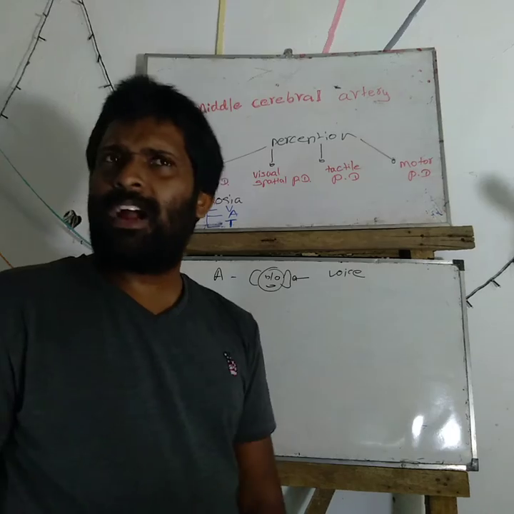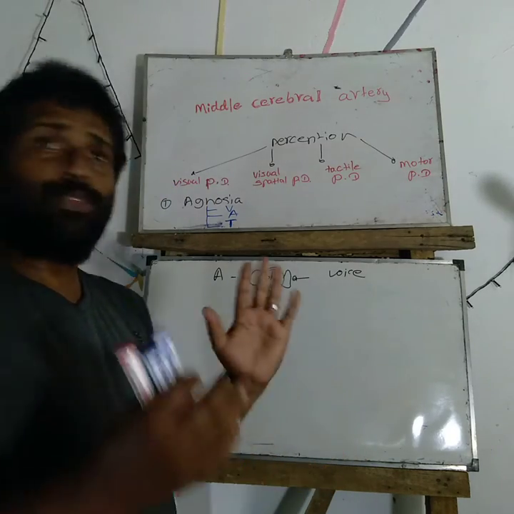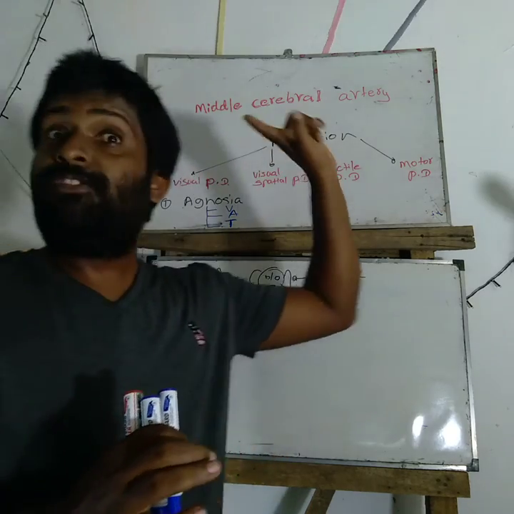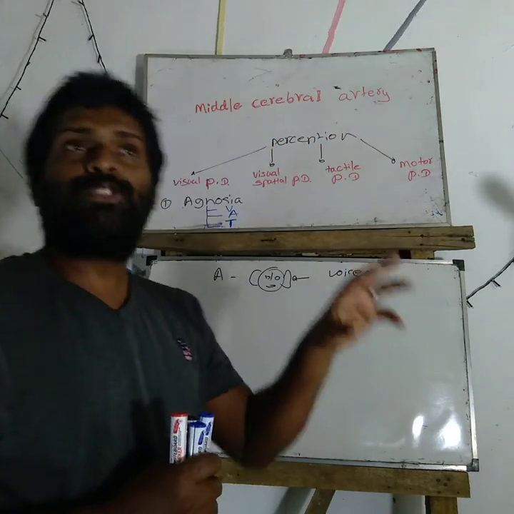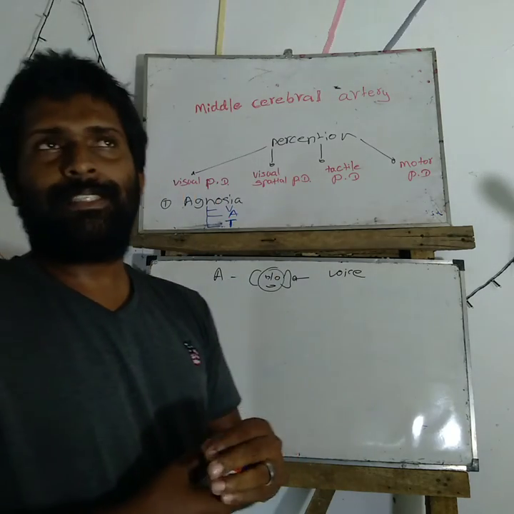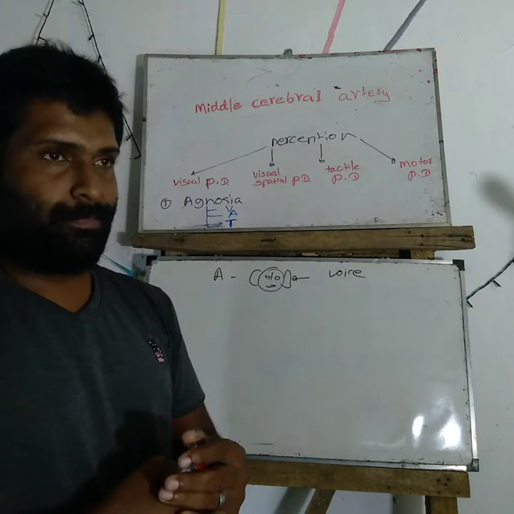The patient can't tell the name. This is also connected with aphasia. Aphasia is also connected to these things. This is the auditory agnosia connection. He can't tell the name.